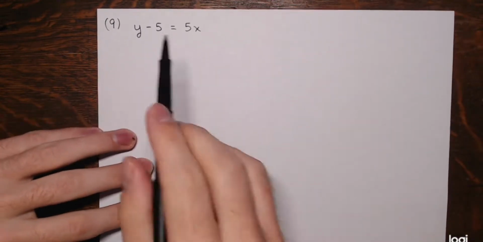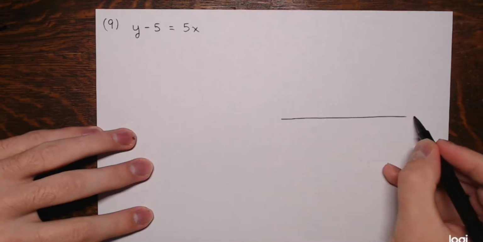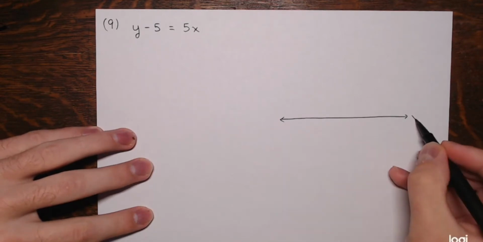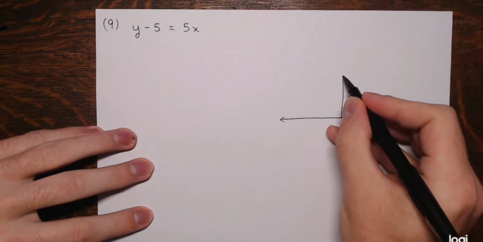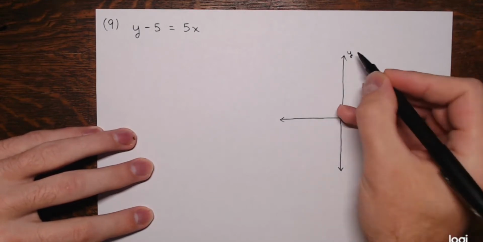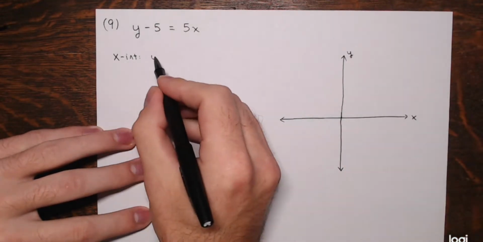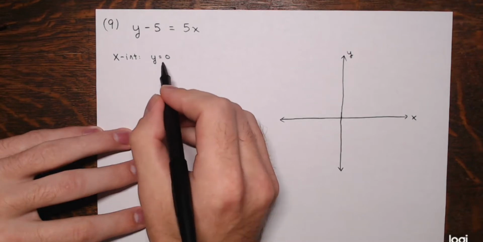So we have y minus 5 equals 5x. Again with the xy plane off to the side. For the x-intercept, I'm going to let the y coordinate be 0.